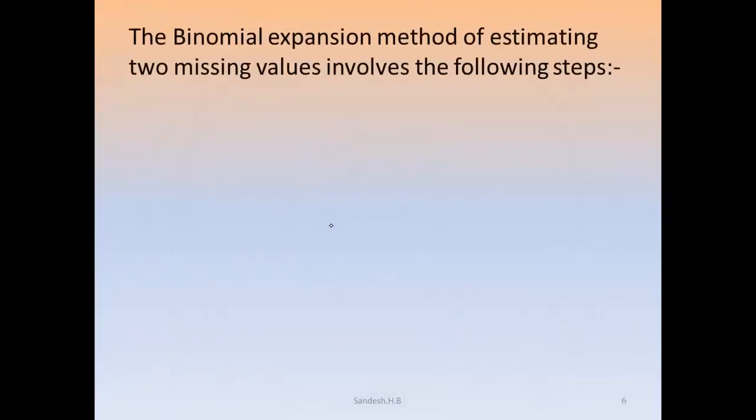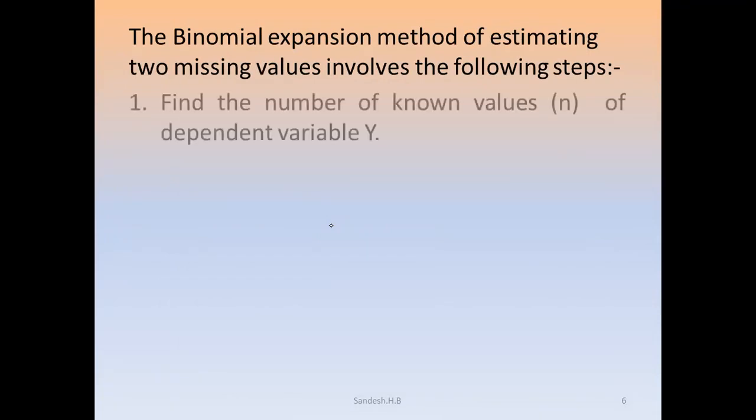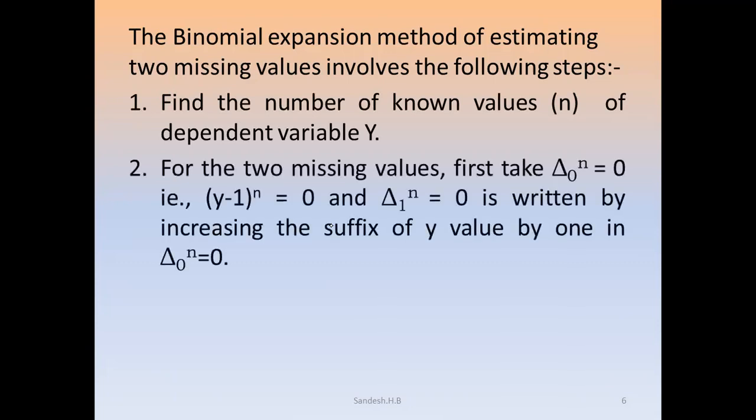Then the steps involved in the binomial expansion method. The binomial expansion method of estimating two missing values involves the following steps. First step, find the number of known values of the dependent variable y, denoted by small n.